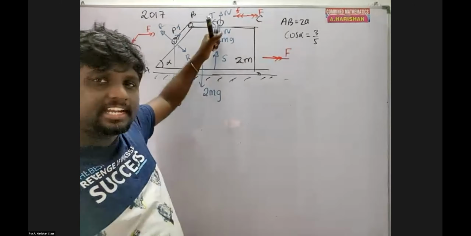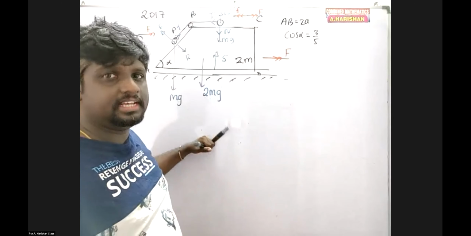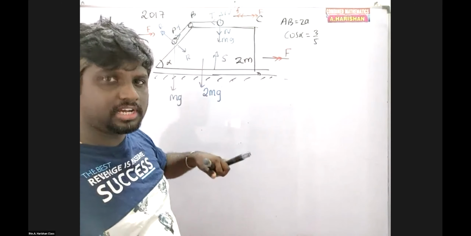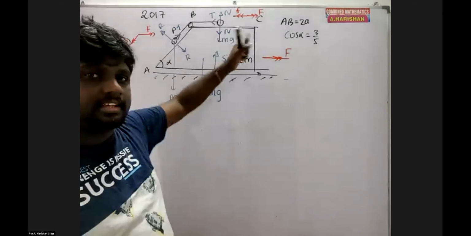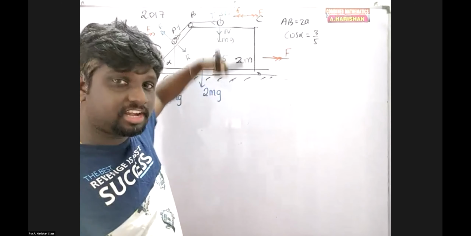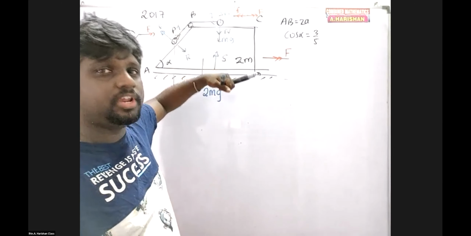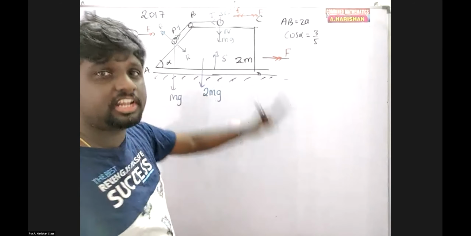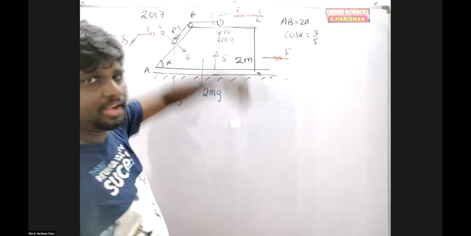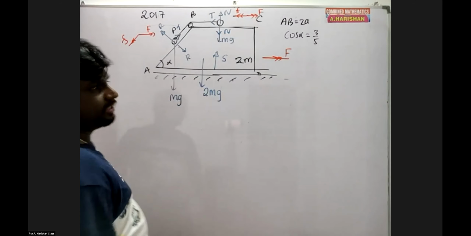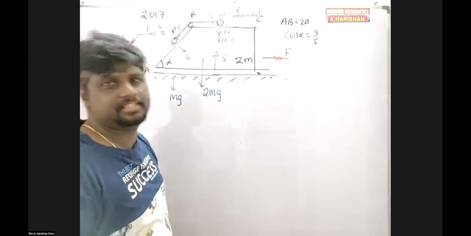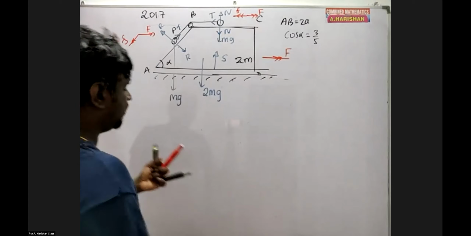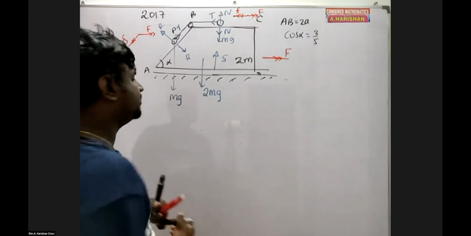Because the particle depends on the wedge, which depends on the Earth. Whatever you mark on the wedge is relative to Earth, and whatever acceleration you mark on the particle is relative to the wedge. But what you need is the acceleration of the particle relative to Earth, so the wedge's acceleration also will be there for the particle, right? We have discussed this in several classes. Very important concept. Right, now we have to apply F equals ma.